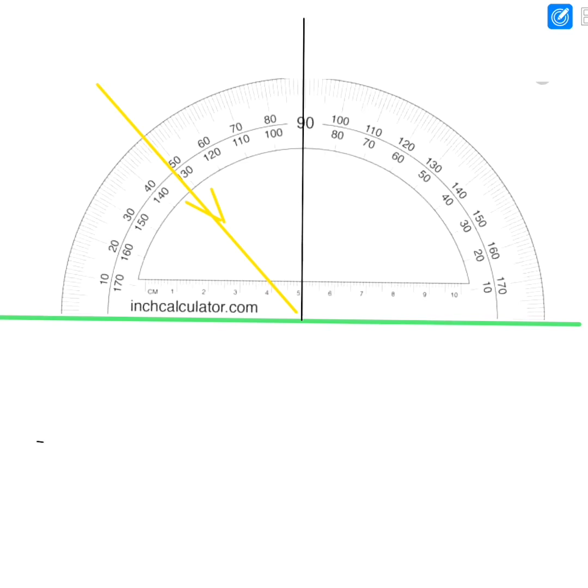It is this angle right there. And we're going to call that theta sub I for angle of incidence. So what is that angle of incidence exactly? Well, we can just measure it right off the protractor. It is not 10, not 20, not 30, not 40, but about 42 degrees.